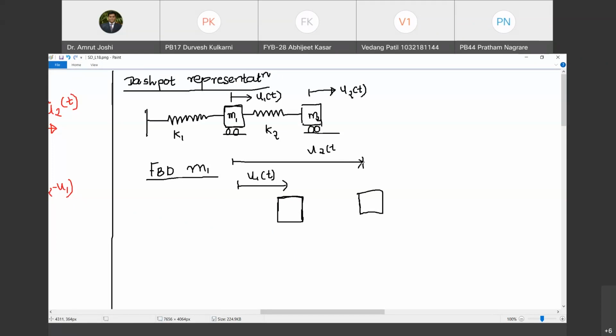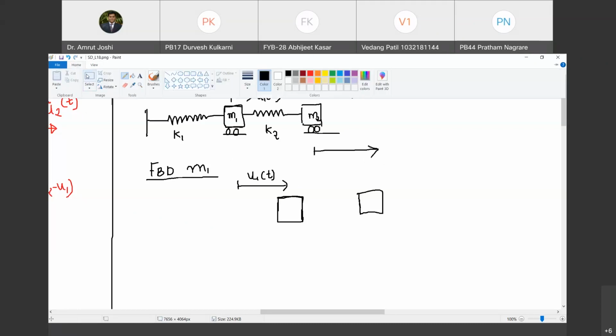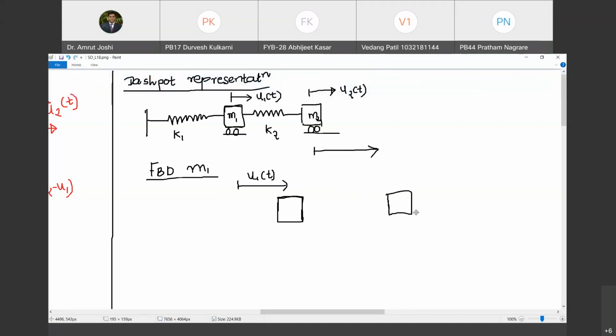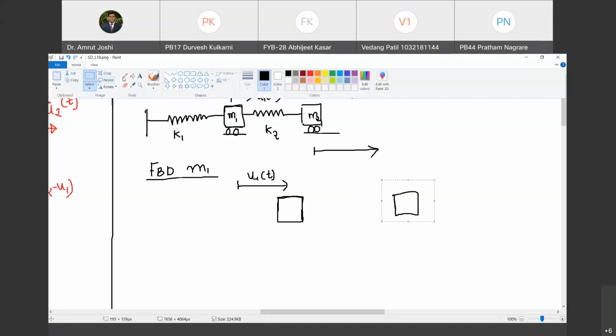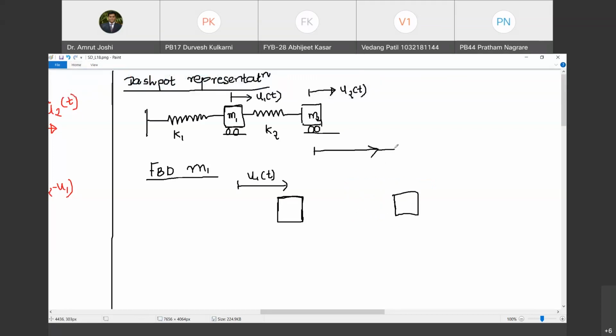And I also have made the assumption that u2 of t is greater than u1 of t. So this is assumption. u1 and u2 both are towards right. These are the assumptions that I have made.